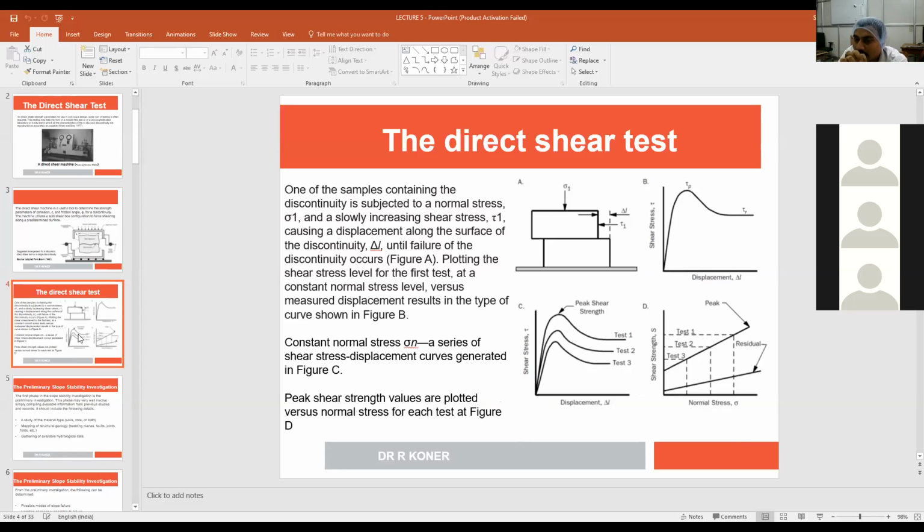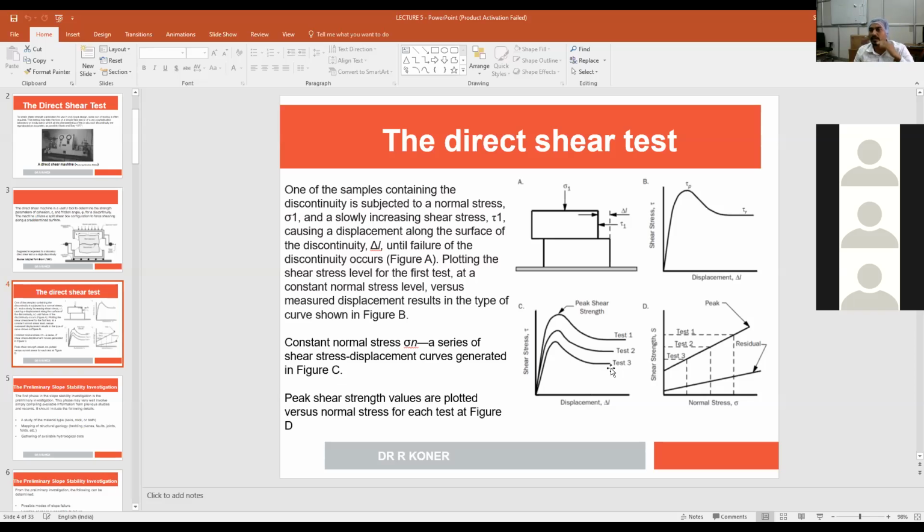So this point is clear? Yes, sir. Okay. Now, suppose at normal stress sigma 1, normal stress sigma 2, normal stress sigma 3, this way you have conducted the test, so you will get a number of curves like this.